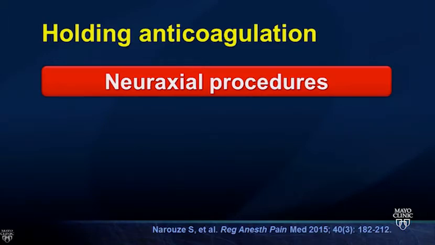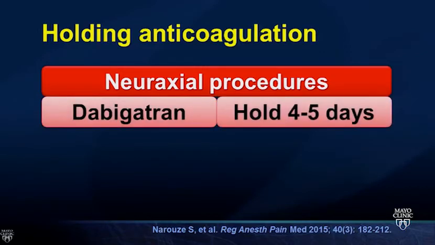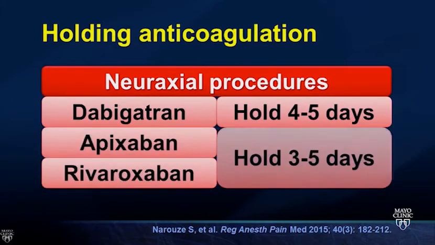And the anesthesiologists have released guidelines on how to handle patients on DOACs undergoing these neuroaxial procedures. If the patient is on dabigatran, you're going to need to hold it 4 to 5 days before the procedure. If the patient is on apixaban or rivaroxaban, you're going to want to hold it 3 to 5 days before the procedure. Give it plenty of time to get out of the system so that the patient doesn't have spinal bleeding.